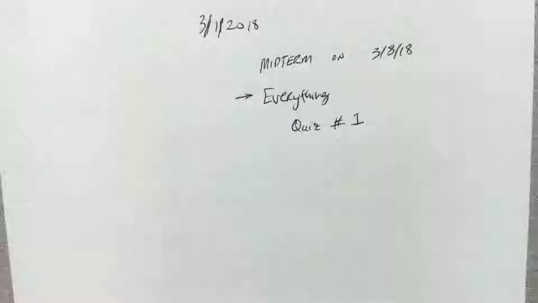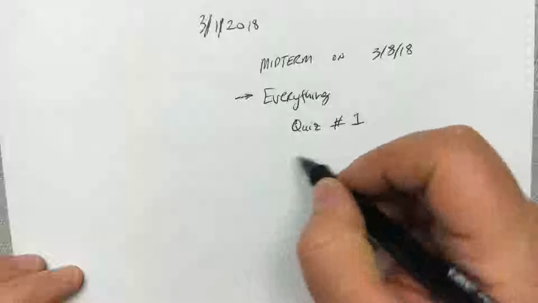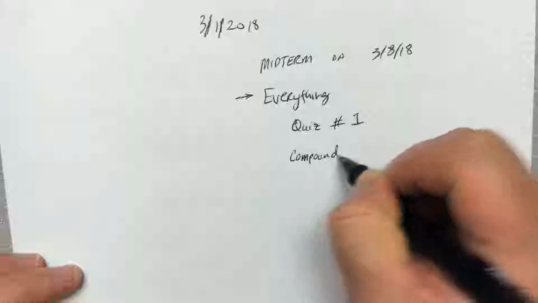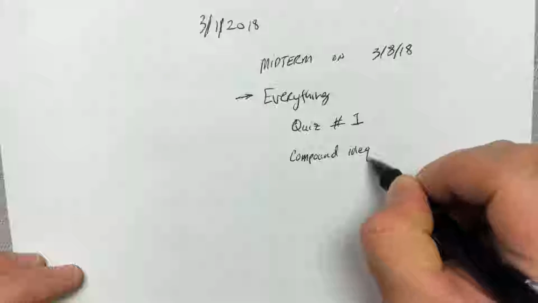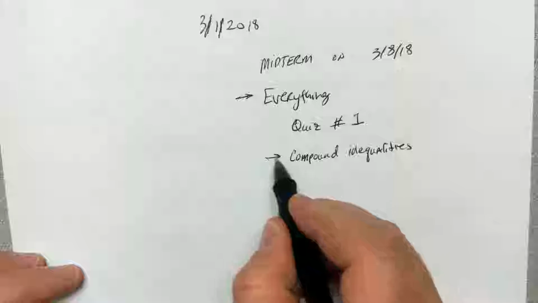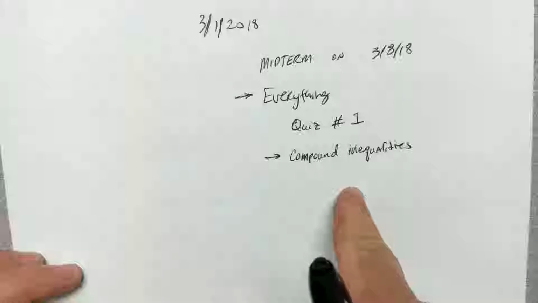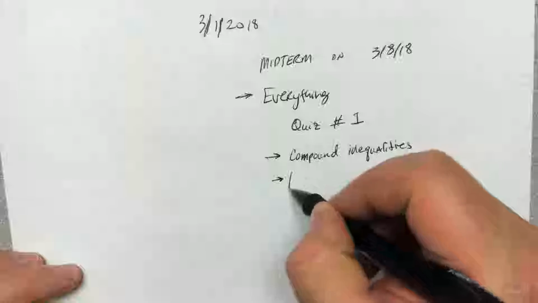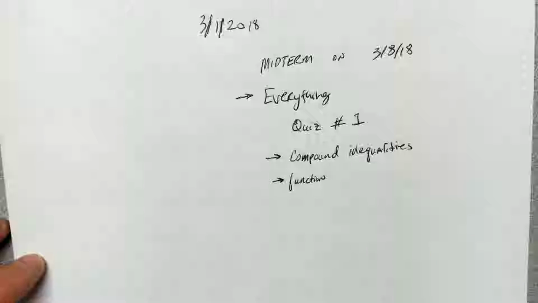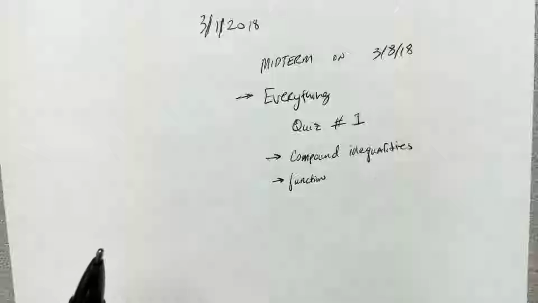We're going to do some today. This is what we're going to learn how to do today. And they're called compound inequalities. That's on there too. And then what we did last time was function stuff. And we'll do the function stuff. It's going to be pretty straightforward.